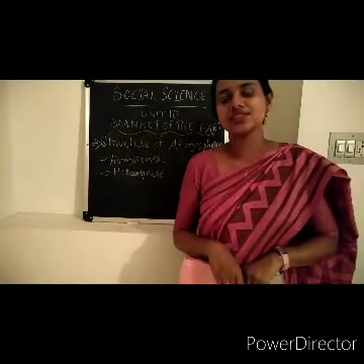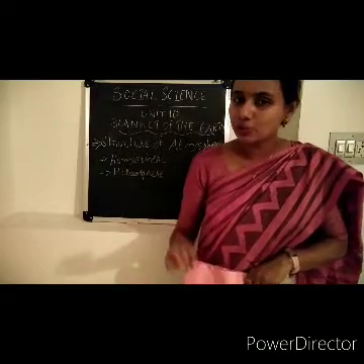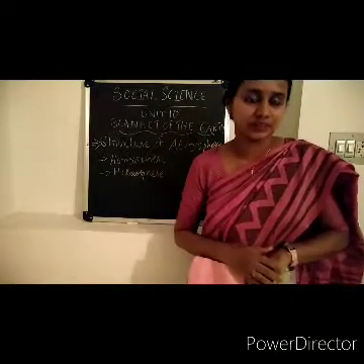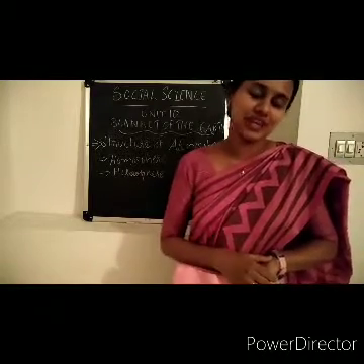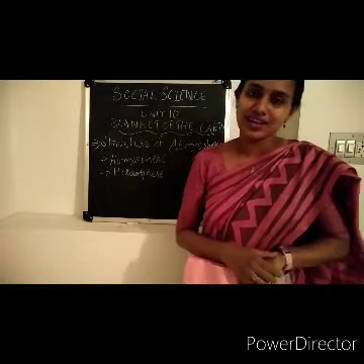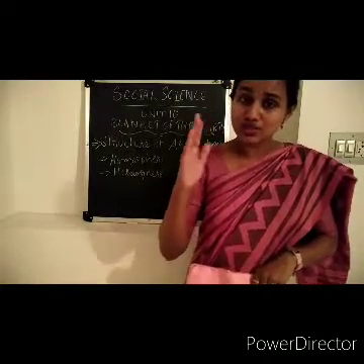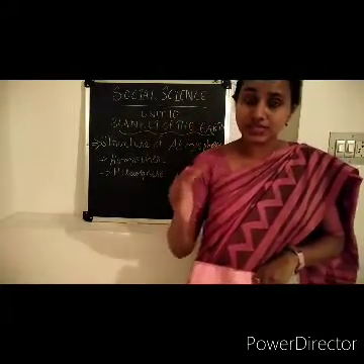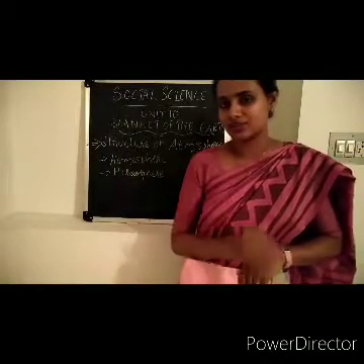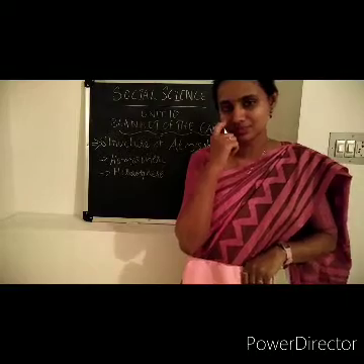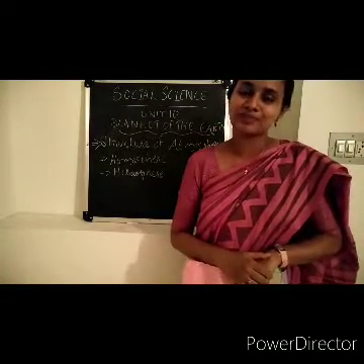Then the next question is, which is the transition zone between troposphere and stratosphere? Yes, it is tropopause. Very good. Then, which is the closest layer just above the surface of Earth? It is troposphere. Very good.